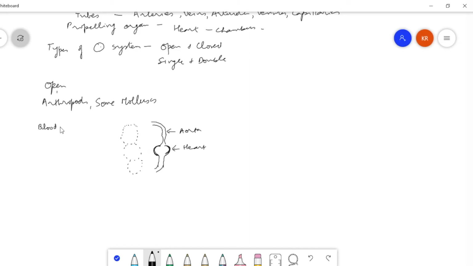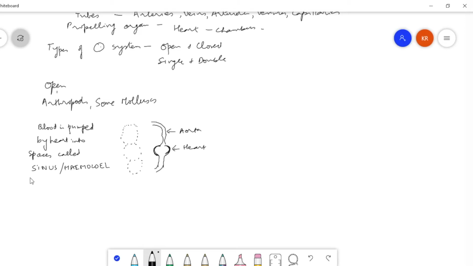So blood is pumped by the heart into spaces called sinuses. Sinus is also called hemocoel.